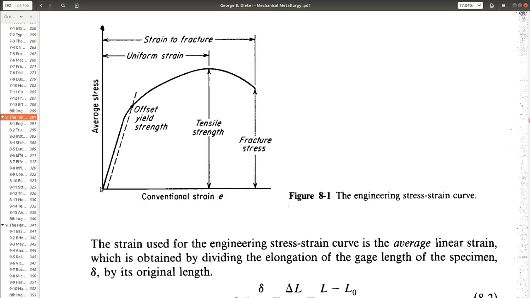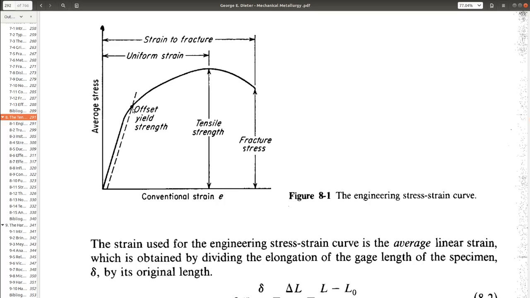Therefore, we just use this stress strain curve, and we take some offset of 0.2% strain, and from that point we draw a straight line parallel to the initial slope of this curve, and that will intersect at some point, right?